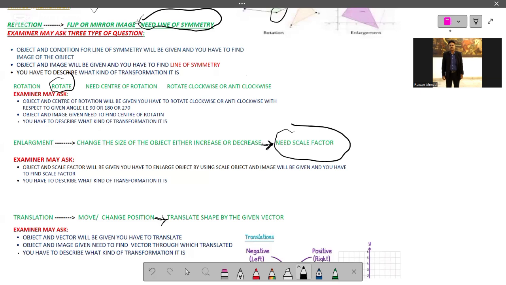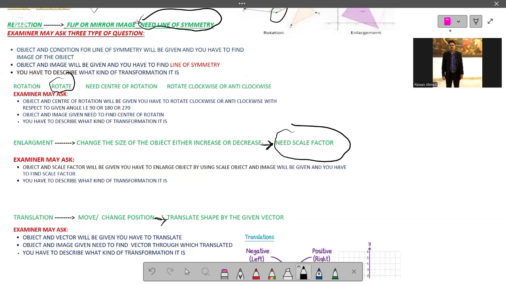So what may the examiner ask? Same thing: the object and a scale factor will be given, and you have to enlarge the object by using the scale factor. Or the object and image will be given, and you have to find the scale factor.